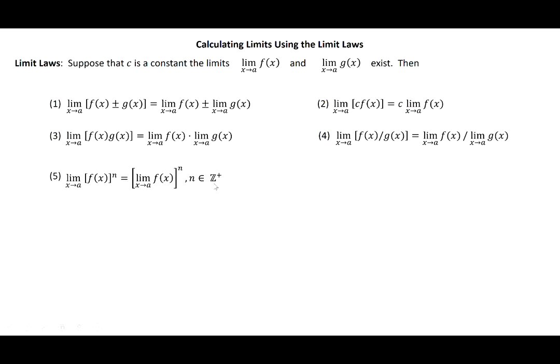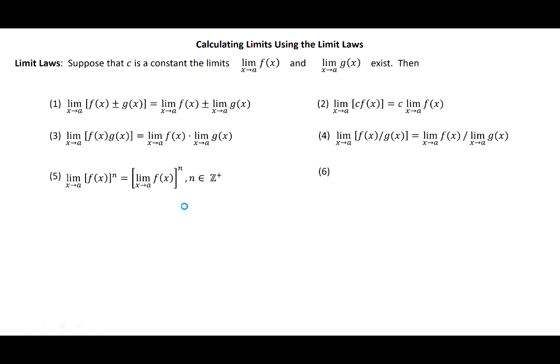That is Zahlen, Z-H-A-L-E-N. It's a German word for integer. So all I'm saying in this fancy way is n is a positive integer. Positive integers are 1, 2, 3, 4, 5, 6, and so on. Cool. So n is a positive integer.